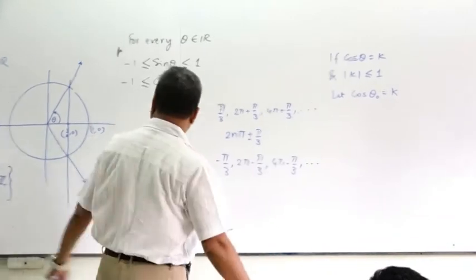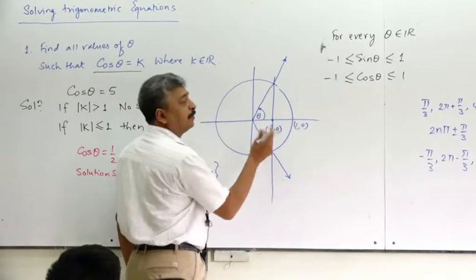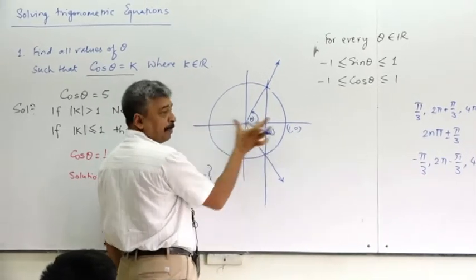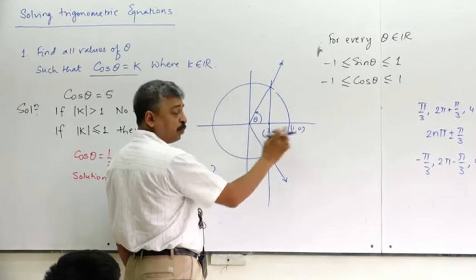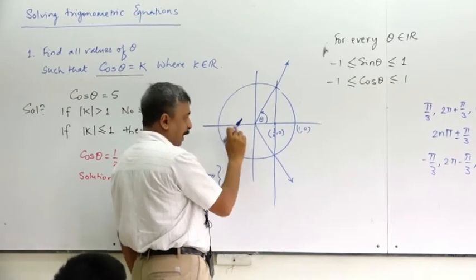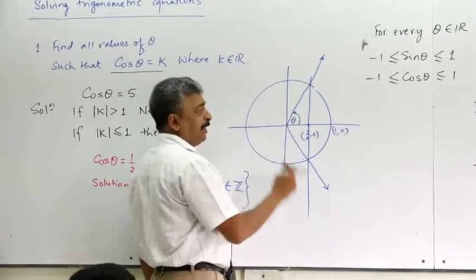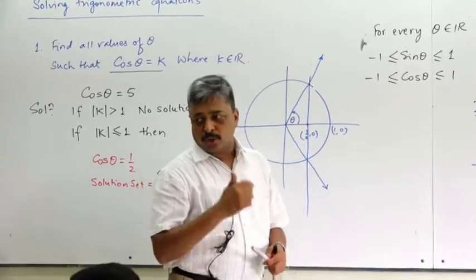We know the procedure of finding out that angle. Take that k value over here or here, it will be between minus 1 and 1. Therefore you take that point on the x-axis, draw a line parallel to the y-axis, wherever it intersects the unit circle, draw those two rays.